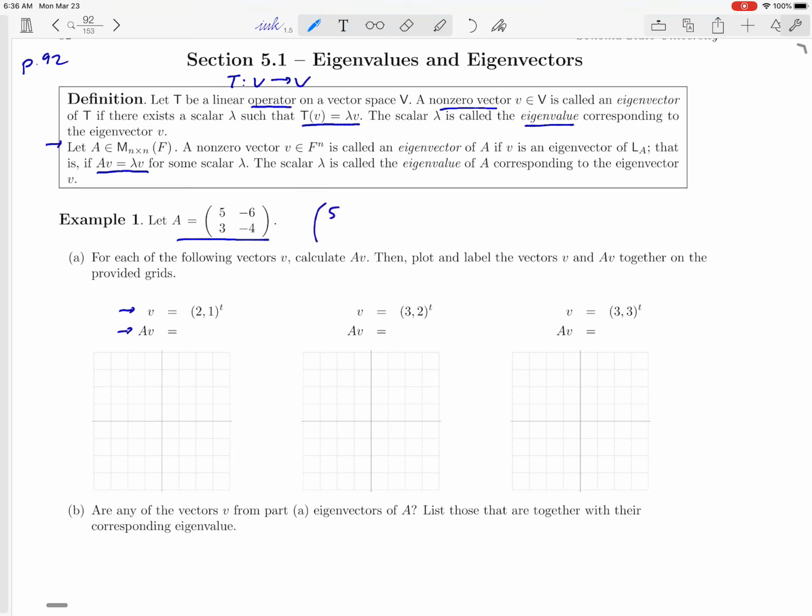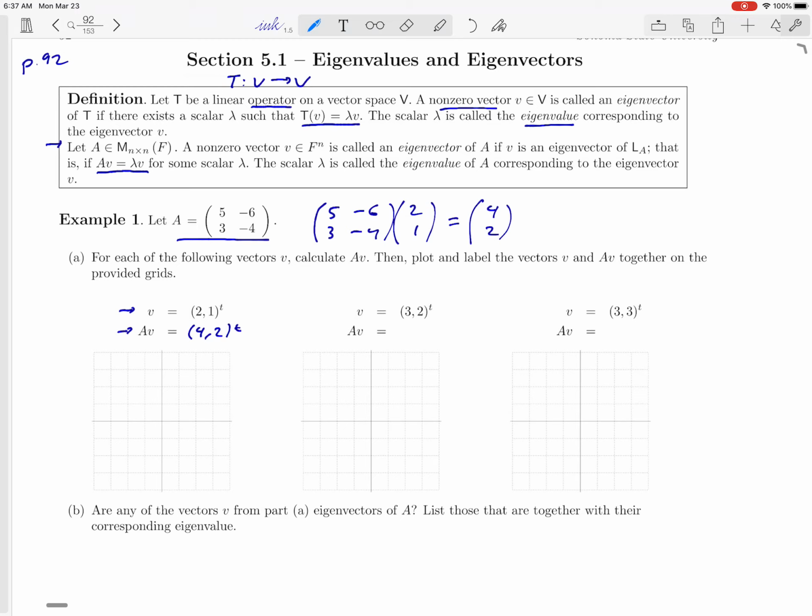Let's do that calculation up here. We multiply our matrix by the vector (2, 1). 2 times 5 is 10, minus 6 is 4 in the first coordinate, and then 6 minus 4 is 2 in the second, and so we get (4, 2).